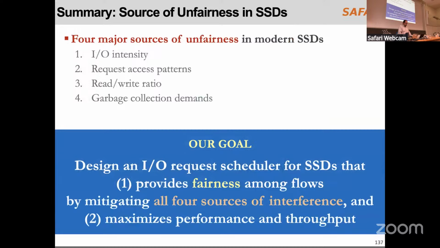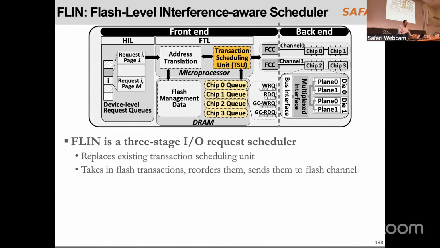Okay, and then essentially we devised our work, FLIN, which has a 3-stage I/O request scheduling. It replaces the existing transaction scheduling unit inside the storage, and it takes in-flash transactions, reorders them, and sends them to the flash channel.